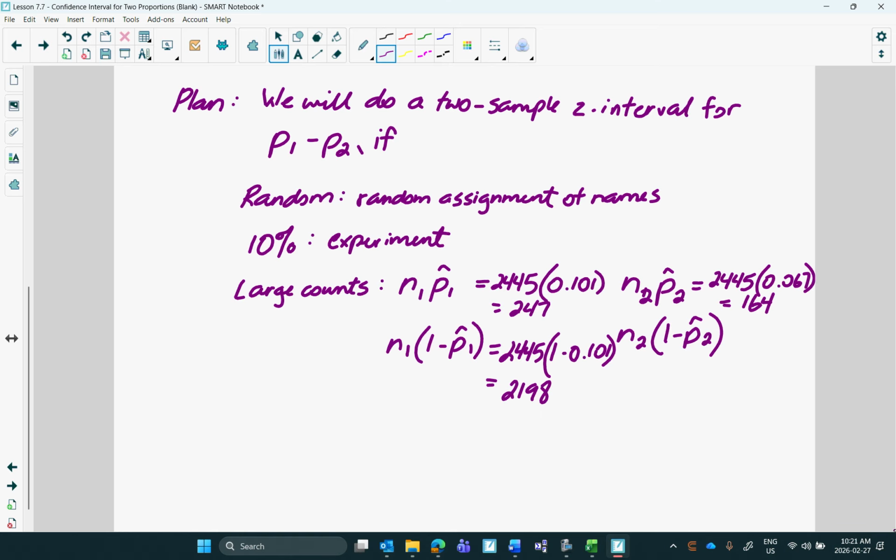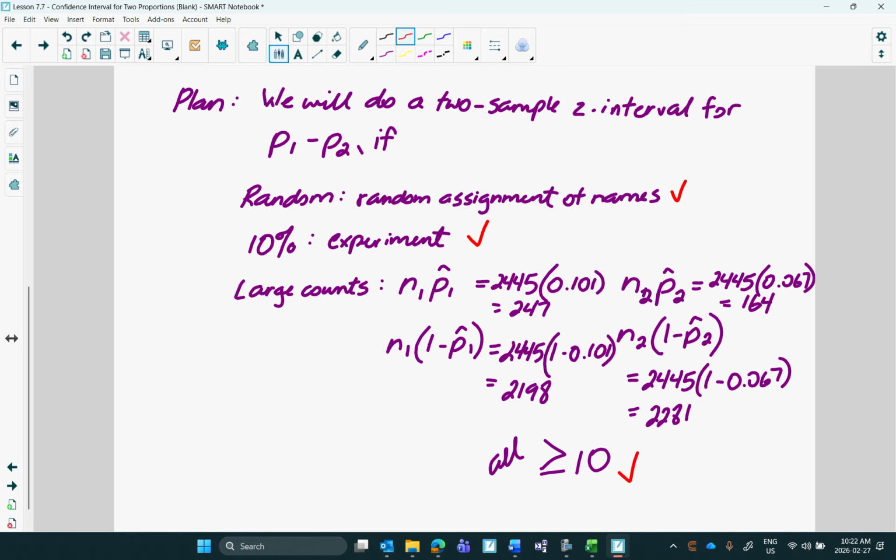And then 2445 times 1 minus 0.067 gives us approximately 2281. All of which are greater than or equal to 10. Which means I can go ahead.